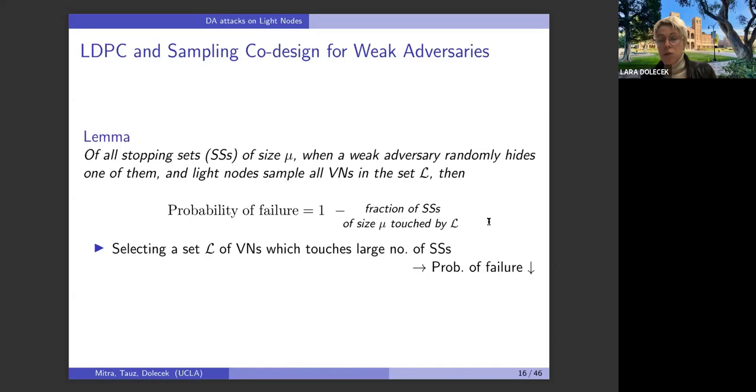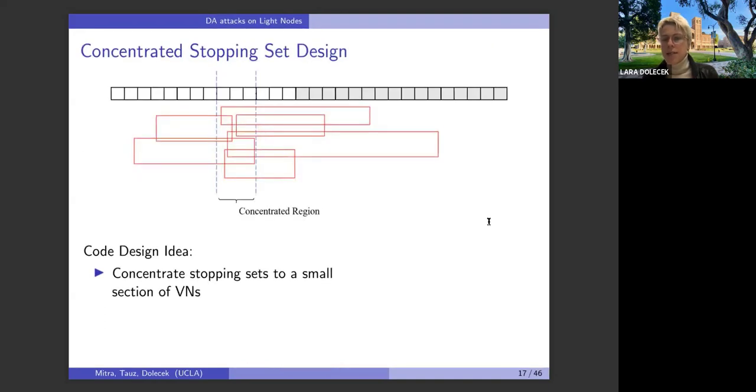If we select a set of variable nodes which touches a large number of stopping sets, we can then decrease the probability of failure. So that is the sampling part.